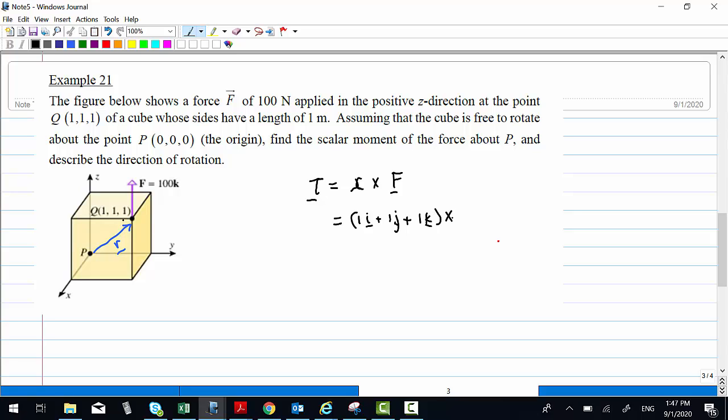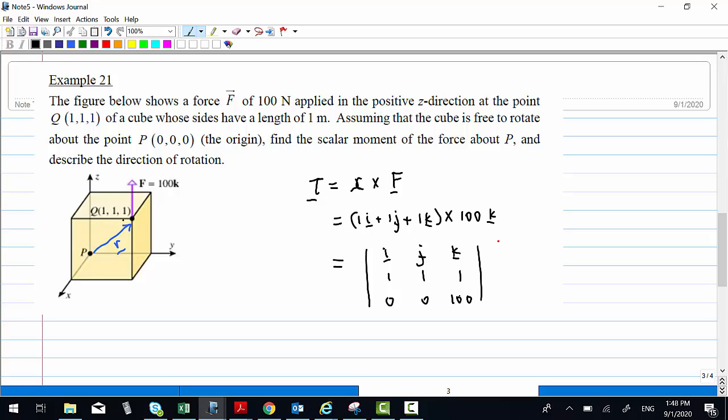And the force acting on Q is 100k. So let's use the 3x3 determinant to find out your ijk. In the first row, i j k, on the second row r is 1, 1, 1, and F on the third row is 0, 0, 100.